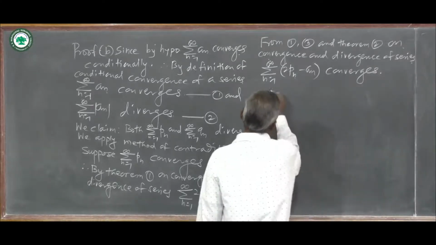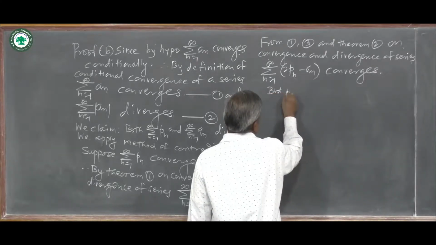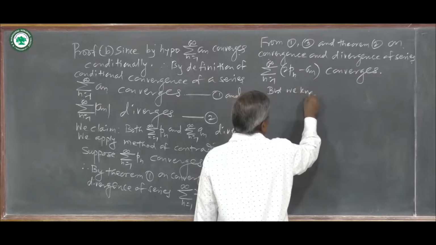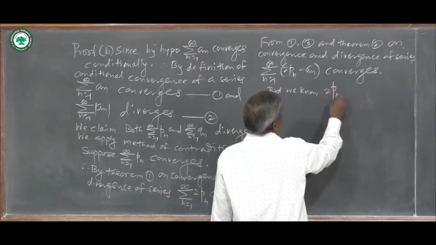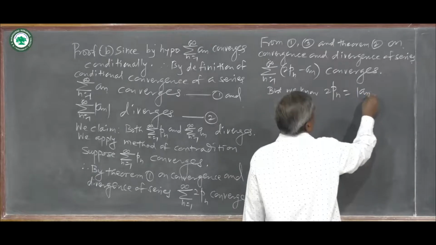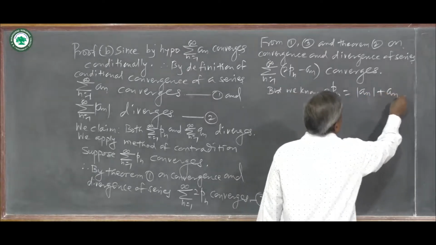But we know 2pn equals mod of an plus an.